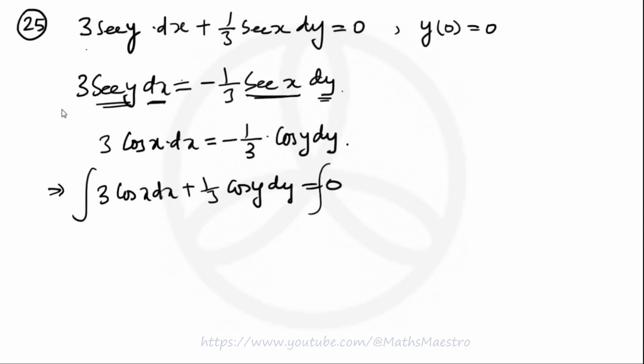Apply integration on both the sides. This will be simply 3 sine of x plus 1/3 sine of y is equal to a constant of integration c.